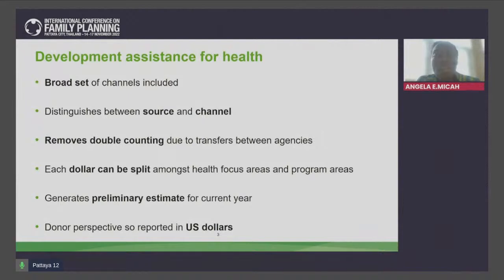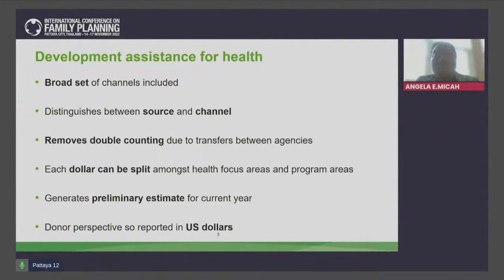This means that in addition to the credit reporting system from the OECD Development Assistance Committee that is typically used to generate estimates of development assistance for health, we also include additional data that captures private foundation support as well as NGO disbursements.